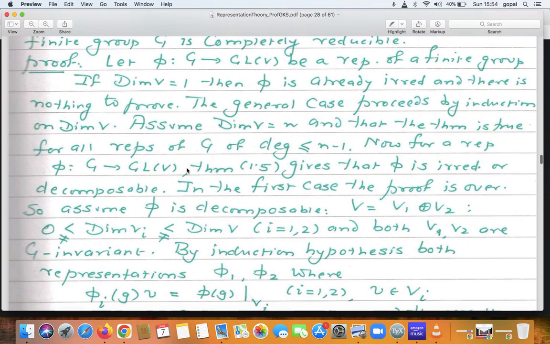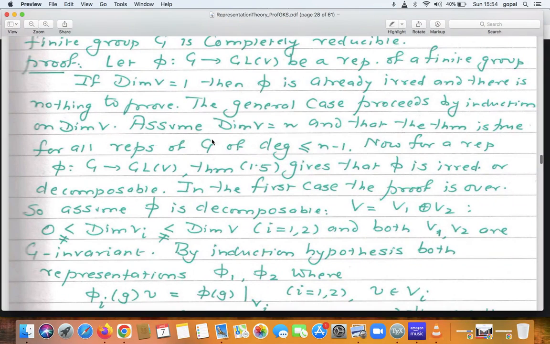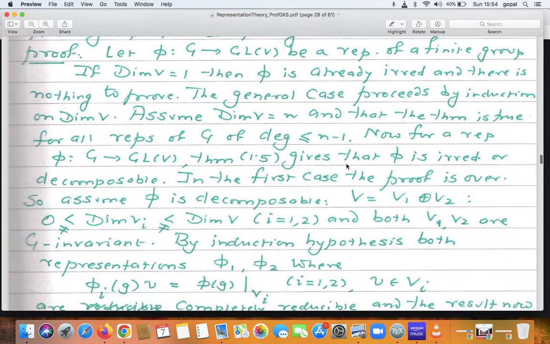The general case proceeds by induction on the dimension. Assume that the dimension of the vector space is n and that the theorem is true for all representations of degrees strictly less than n. So now take a representation from G to GLV. Now the previous theorem says that phi is irreducible or decomposable. If phi is irreducible, job is done, or phi decomposes.